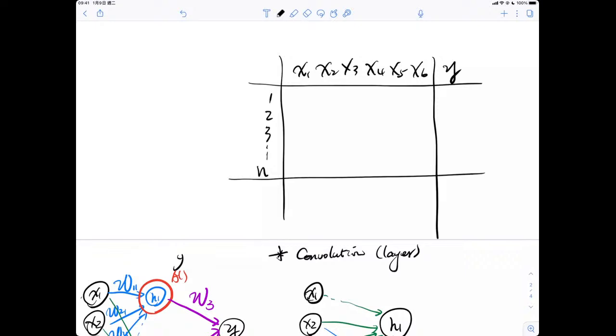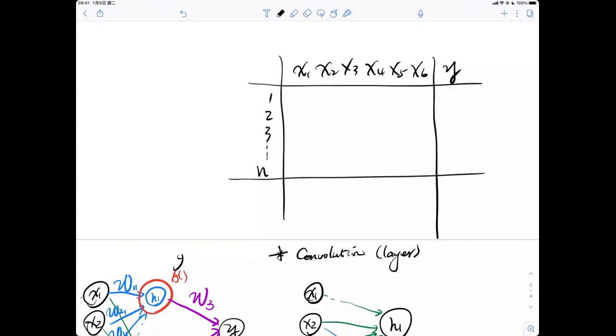You can put your height in x1 or in x4. So the sequence in which you arrange your features, we do not put any restriction on it. So basically x1 might not be related to x2. Those are independent variables, independent features.